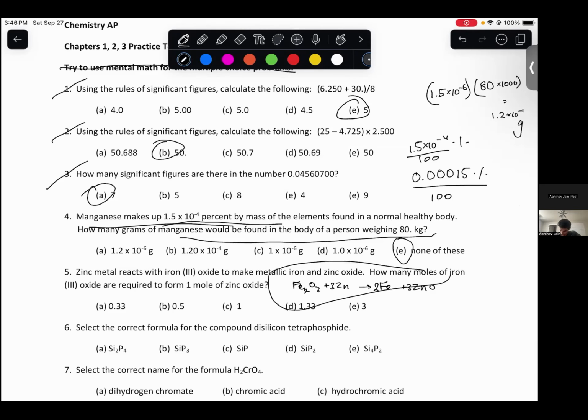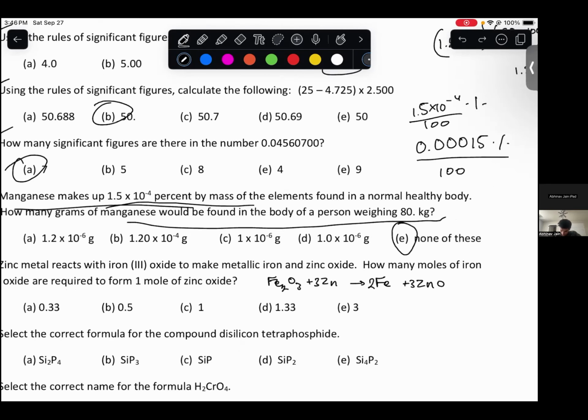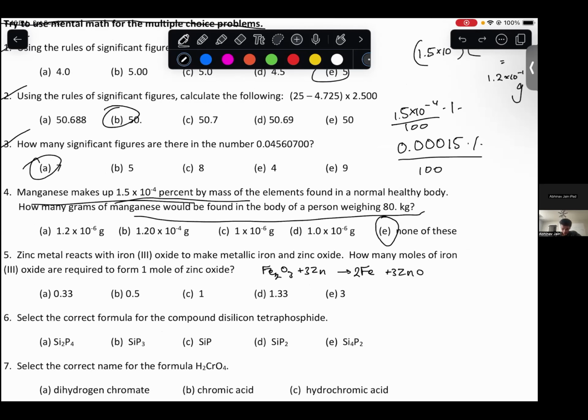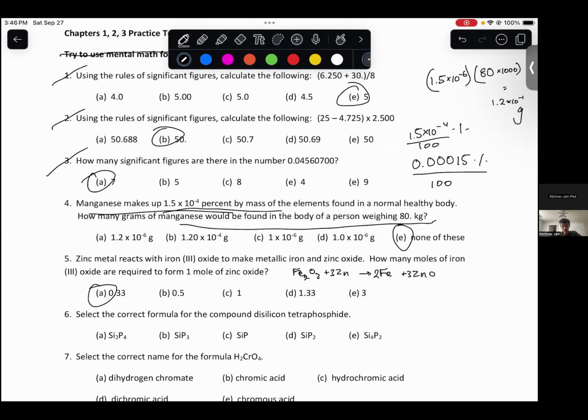From our balanced equation, we need 1/3 of a mole of Fe2O3 because it's a 1:3 ratio. If we put in 1 mole of Fe2O3, we get 3 moles of ZnO. So to get 1 mole of ZnO, we only need 0.333 moles of Fe2O3. So the answer is A.